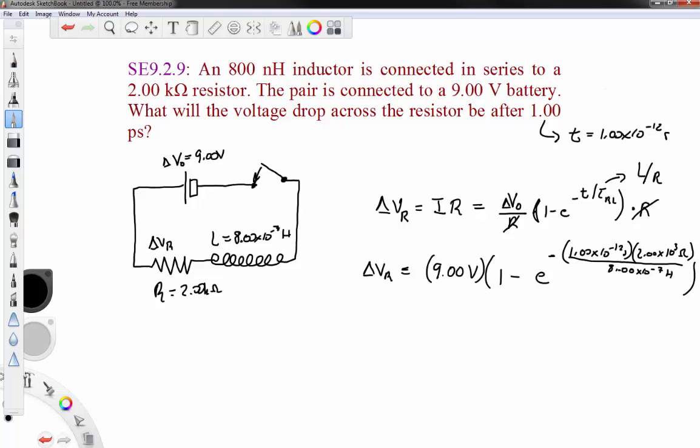Bearing in mind that everything in this exponential ends up being 2.5 times 10 to the minus 3, if you take e to that, you end up getting 0.997503 or some such thing.